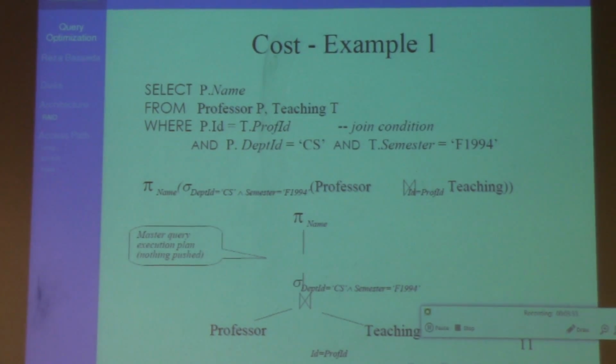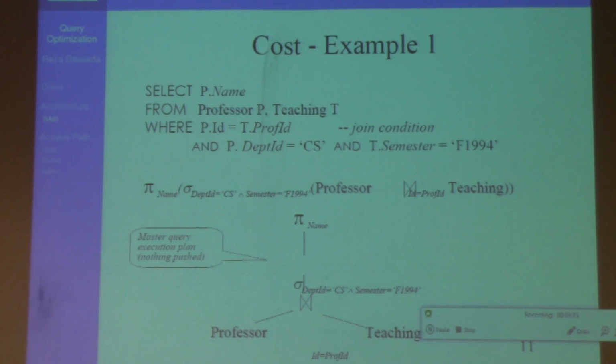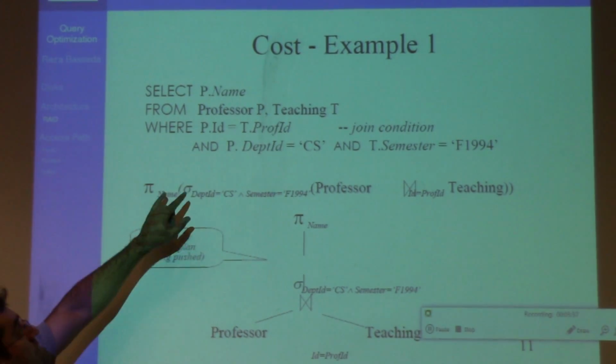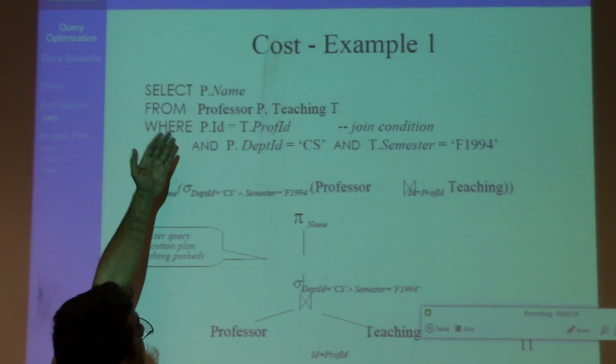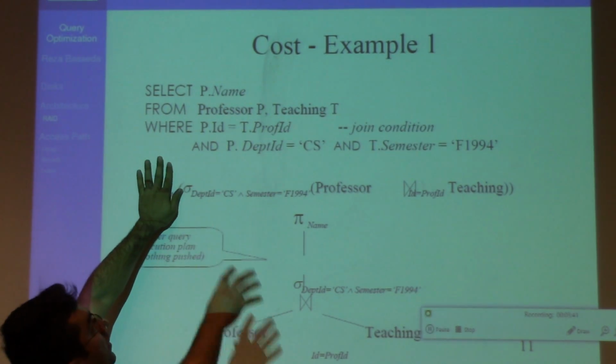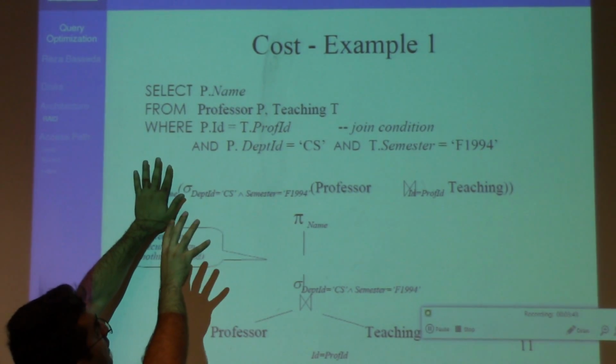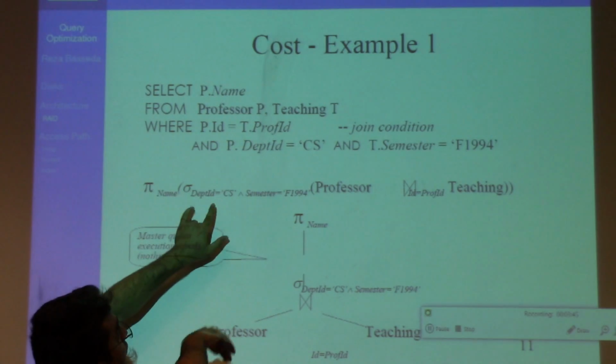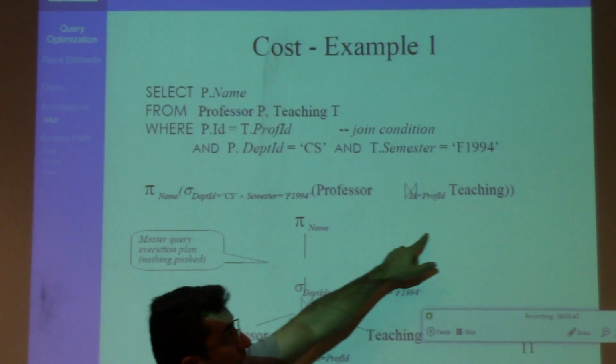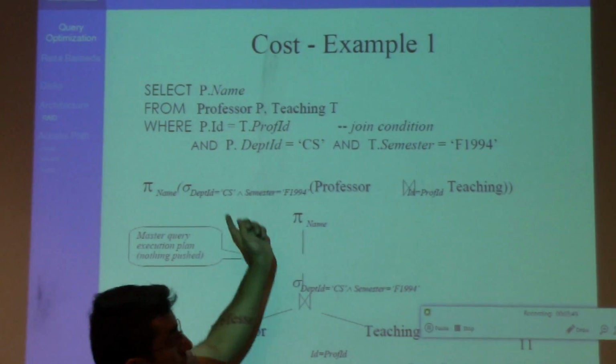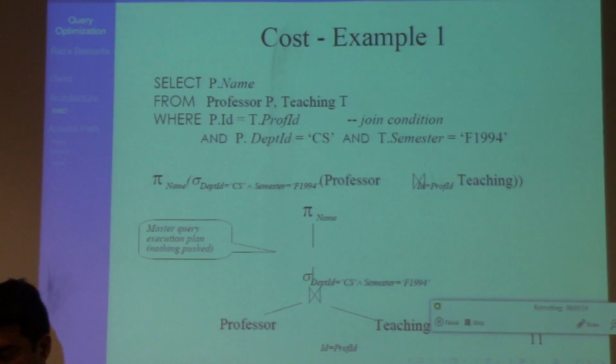Okay? So, based on what we saw in the previous slide, we can convert this select query, regardless of the P name. Suppose that you are selecting the star. The whole query can be planned as this relational algebra expression, right?